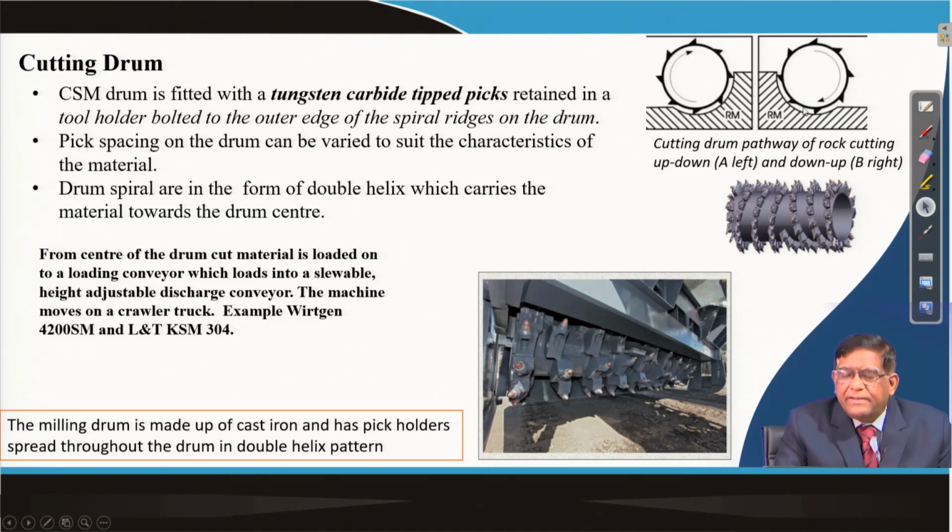While it is moving upward, it is cutting the material, and when the teeth are going downward, at that time the material is cut. Normally the front drum will be cutting in this fashion, while the central drum will be cutting in this fashion.